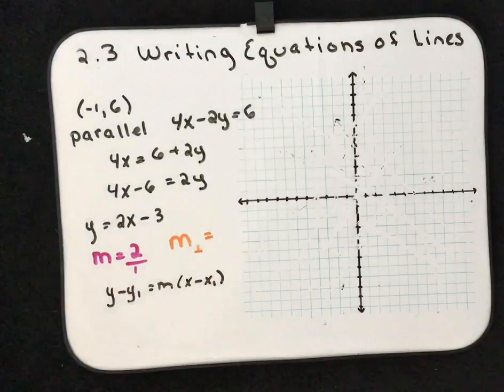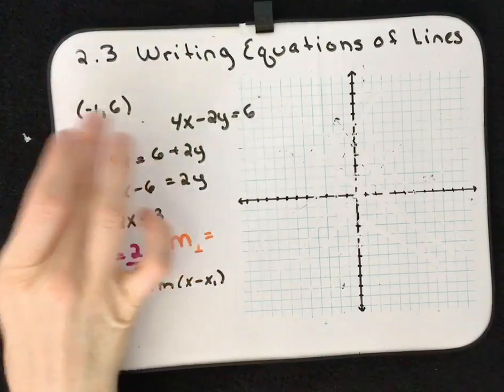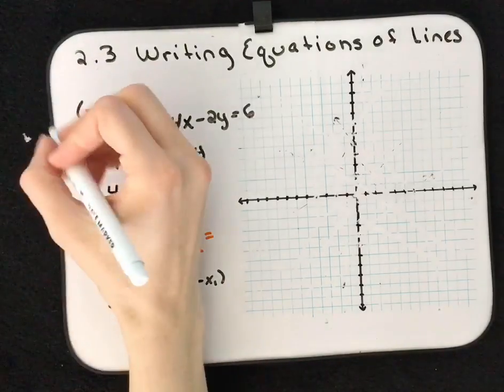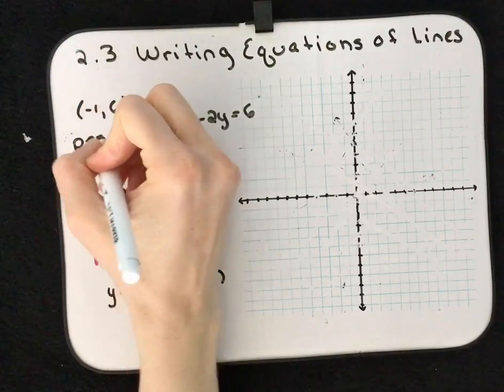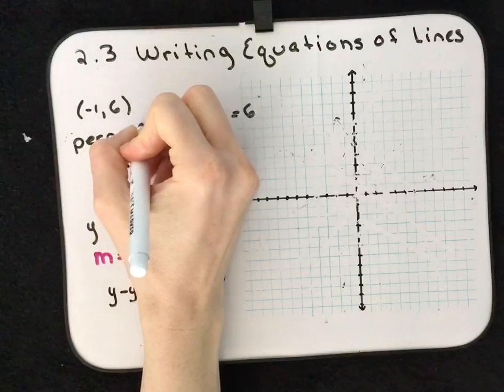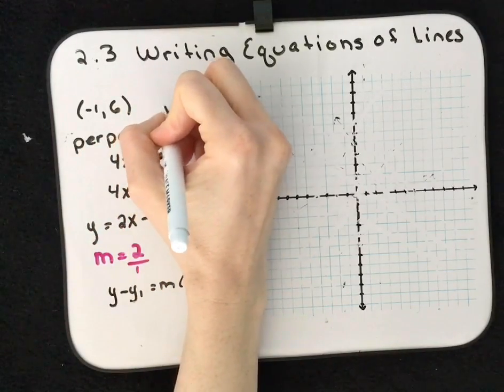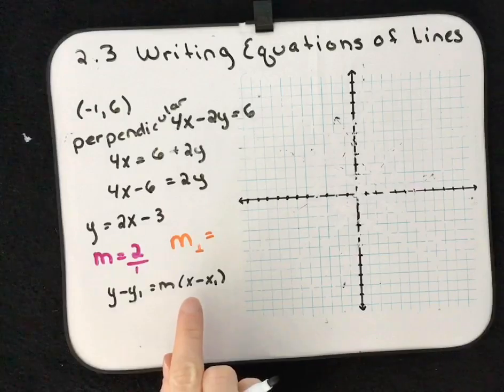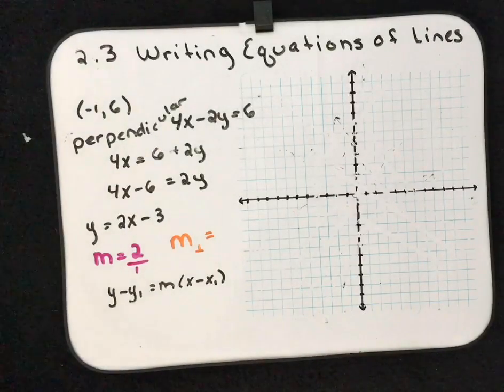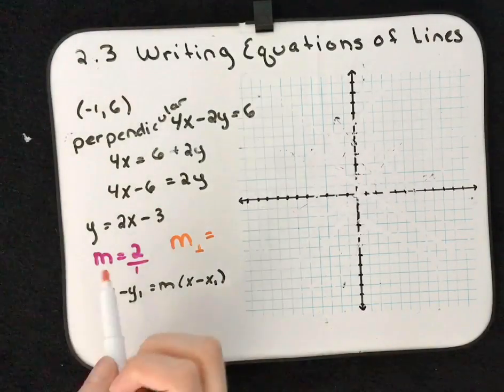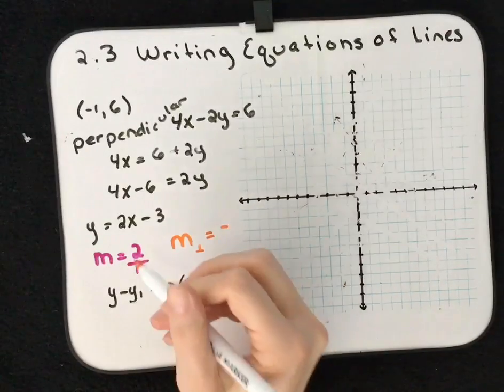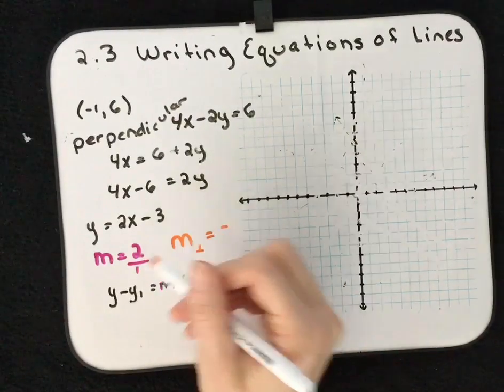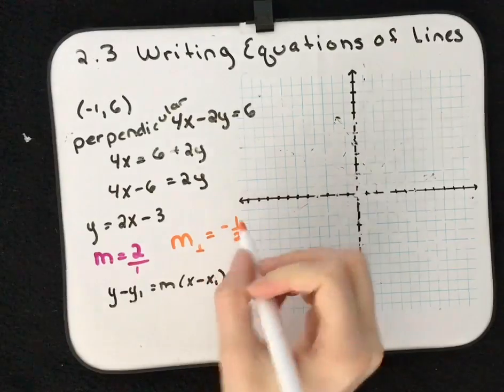The perpendicular slope is the opposite reciprocal. There we go. So the opposite reciprocal means we switch the sign. So I had a positive 2 here, so now it's going to be negative. And then you flip this over. It was 2 over 1, so 1 over 2.